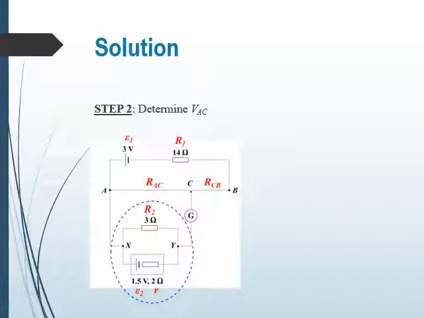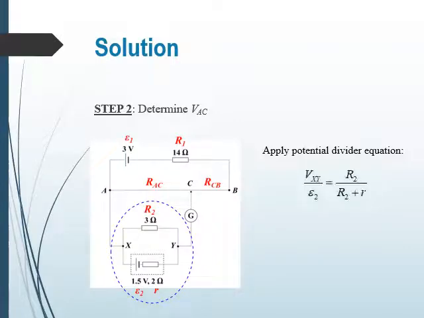So in this case, we are going to apply the potential divider equation. Vxy over EMF2 equals R2 over R2 plus internal resistance R. This Vxy is the same as the potential across R2, whereas EMF2 is the total potential across R2 plus R. And this is our potential divider equation.